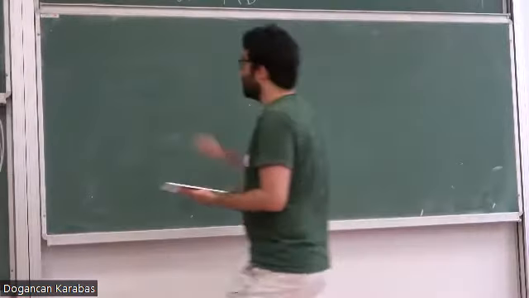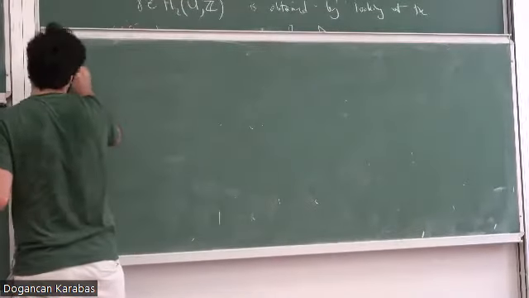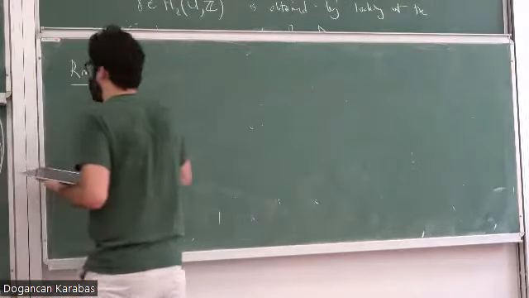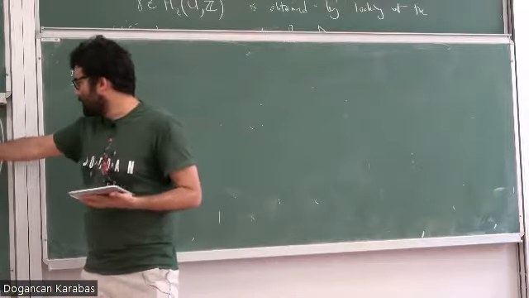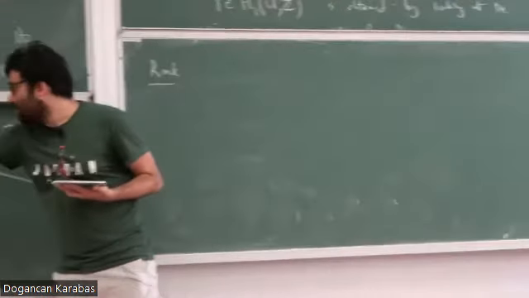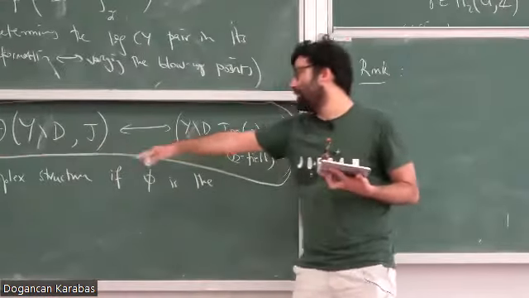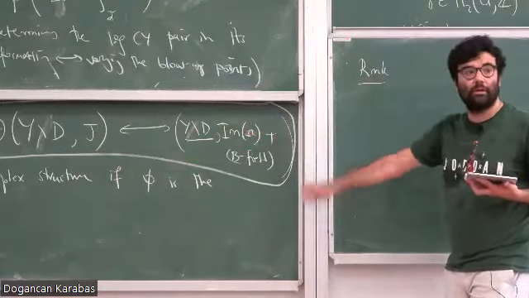So now, let me say a remark. I'm going to go back to SYZ intuition a little bit, because I want to say something about the implications of this complex structure being distinguished for the mirror.